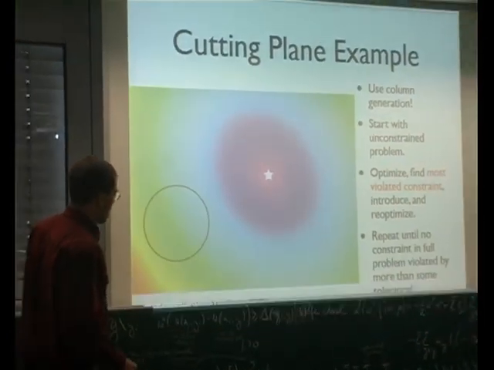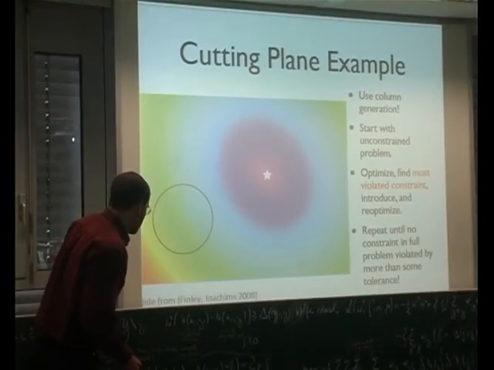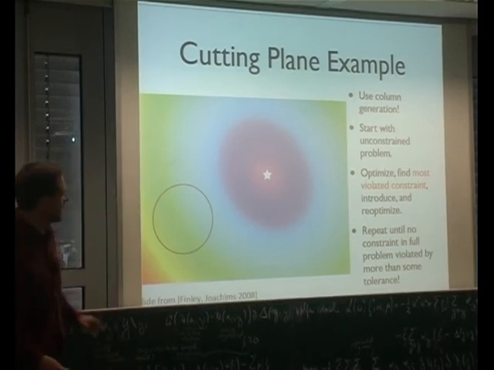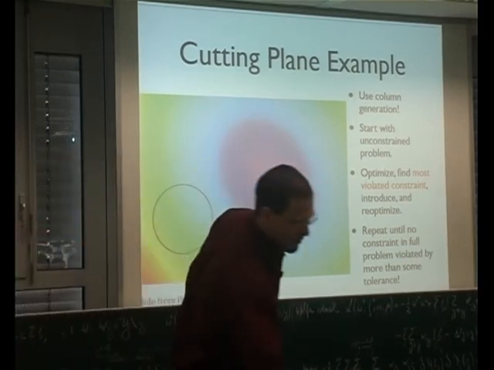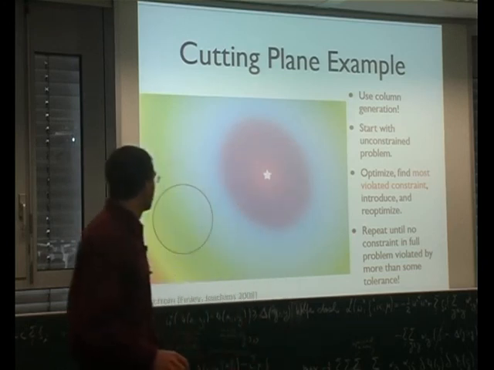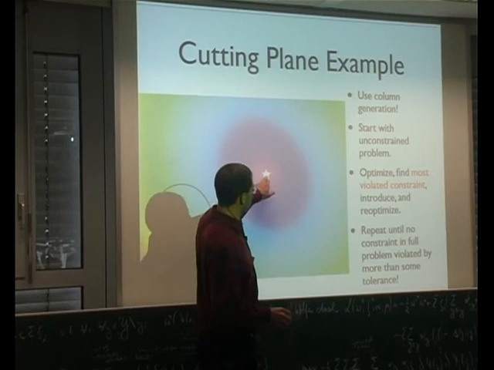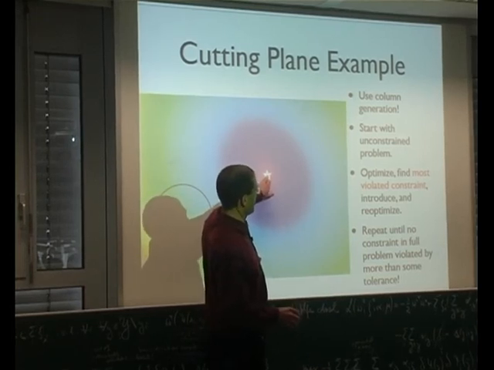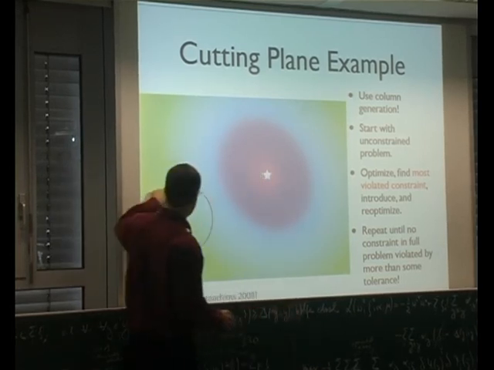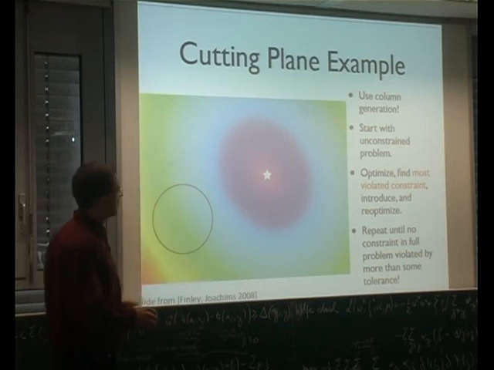So here's a pictorial summary from Finley and Joachims. So really they used this slide. We have the quadratic minimization problem with no constraints, which would have its optimum here. And then we have a very large set of constraints.